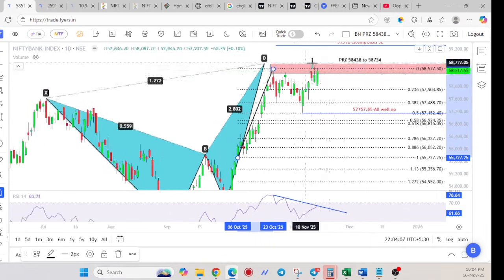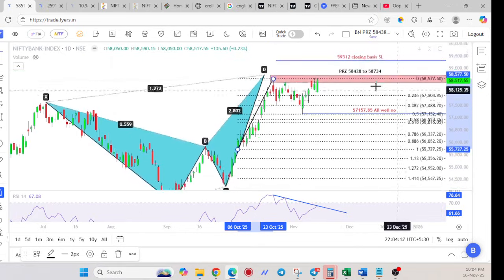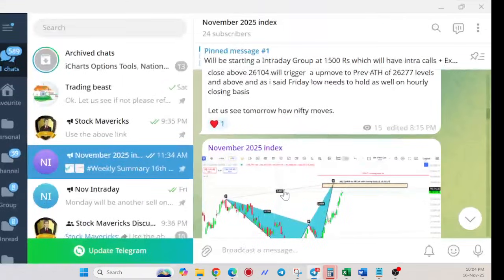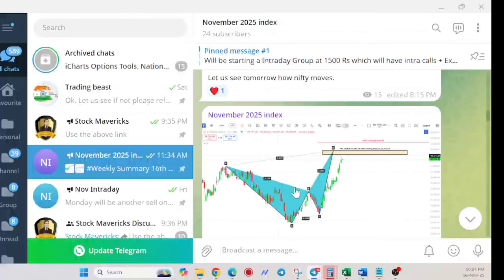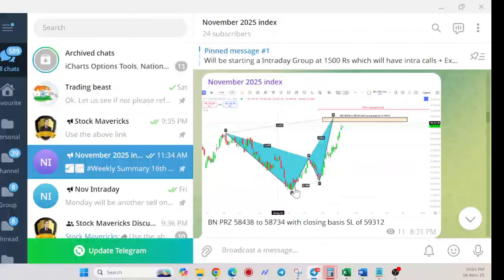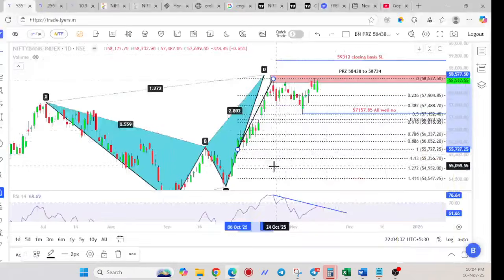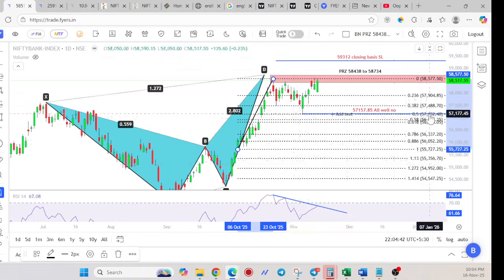Again, it is into the potential reversal zone. So this is a potential reversal zone that was made on October 26th. So it touched this number, came back, took support of half bat.